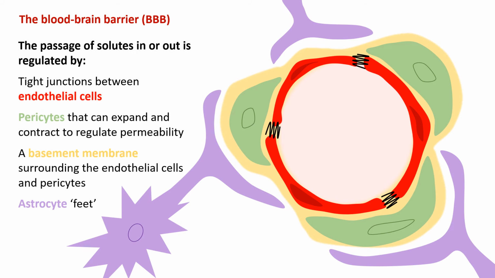We have the astrocytes around the blood-brain barrier form these feet, these projections that wrap themselves around the vessels travelling through the brain and also help to regulate permeability, help to form a barrier, but a barrier that can be selectively permeable.